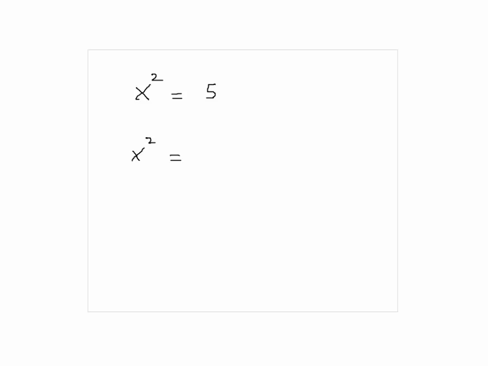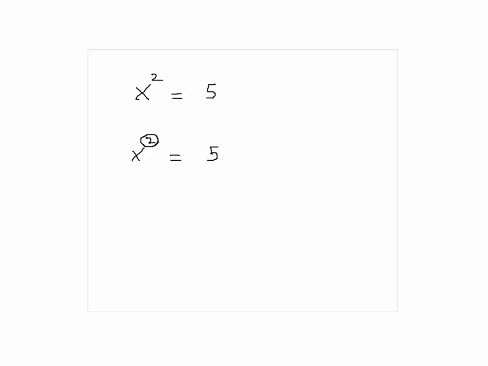If I want to eliminate this 2, I have to raise both sides of the equation to the power of what? Amelia, how do I eliminate 2? By using the square root?